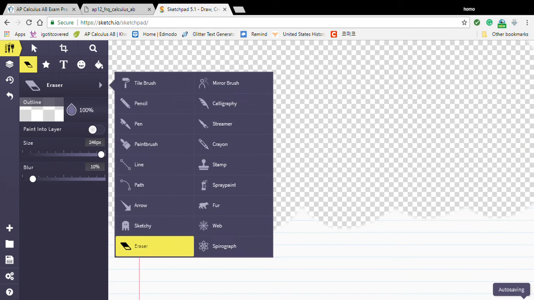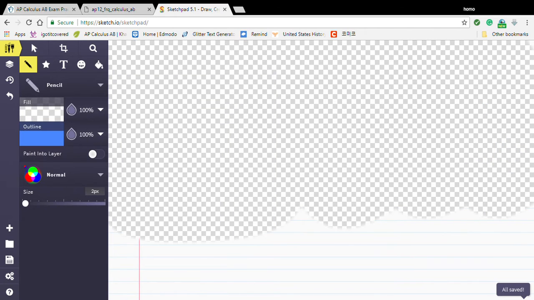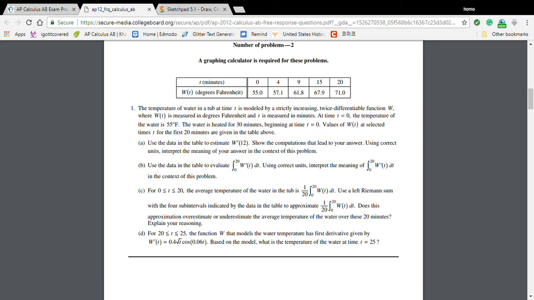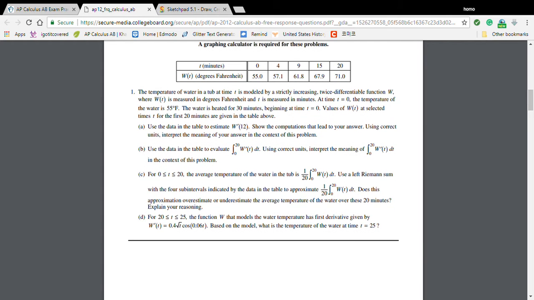Now let's look at C. C says for the time interval 0 to 20, the average temperature of the water in the tub is this. Use a left Riemann sum with 4 subintervals to approximate this.